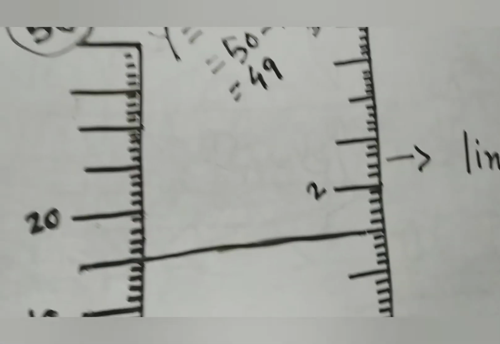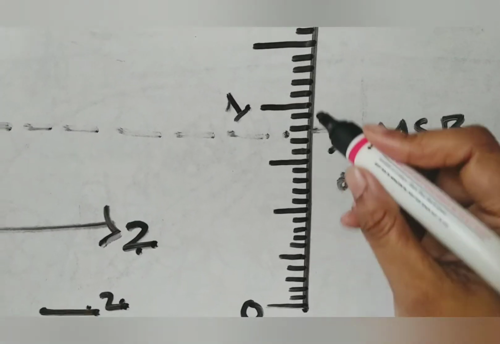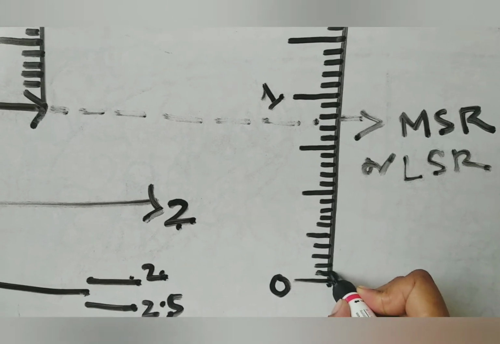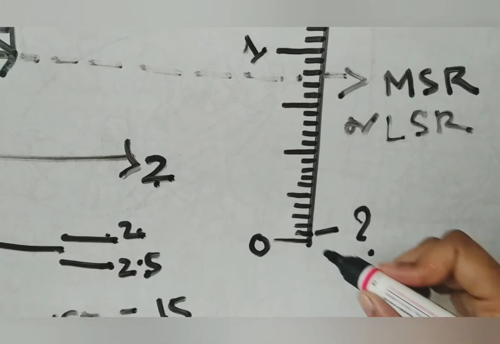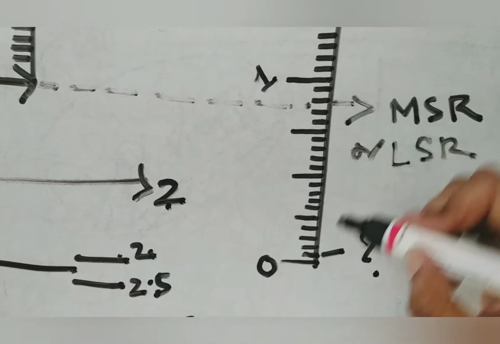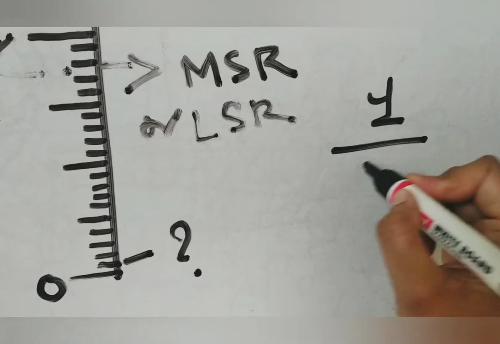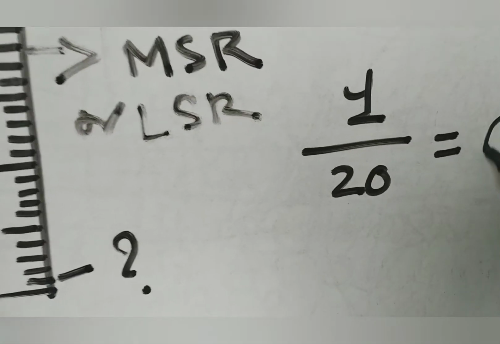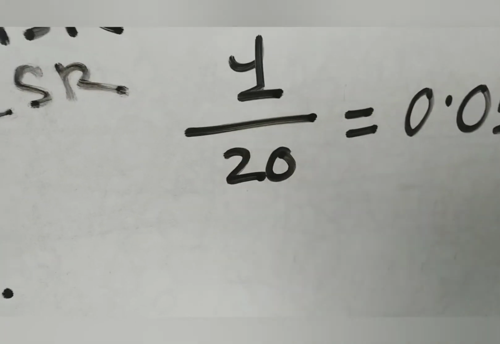And what is small n? Small n is the smallest division of the main scale, meaning how much one division is in units. We know that from 0 to 1 there are 20 divisions, so 1 divided by 20 is our smallest unit, that is 0.05 centimeter.